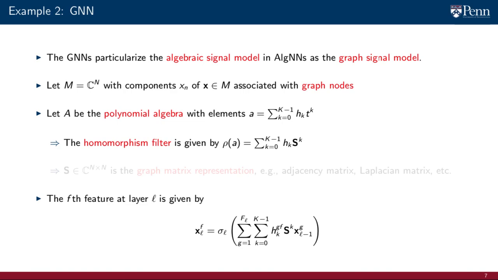The homomorphism filter rho of A is then given by the polynomial in the shift S. Here, S is the graph matrix representation, such as the adjacency matrix, the Laplacian matrix, and so on. Substituting these definitions, we can obtain the operation at each GNN layer.